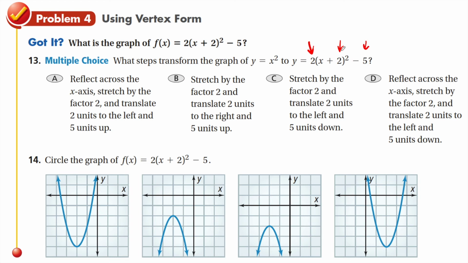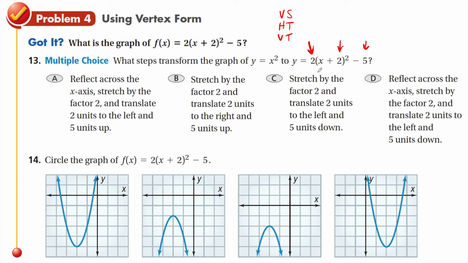Looking at the 3 different transformations, I can see that we have a vertical stretch because we're multiplying by something on the outside with a number that is larger than 1. We have a horizontal translation because we're adding or subtracting on the inside of the parentheses. And we have a vertical translation because we're adding or subtracting on the outside of the parentheses.